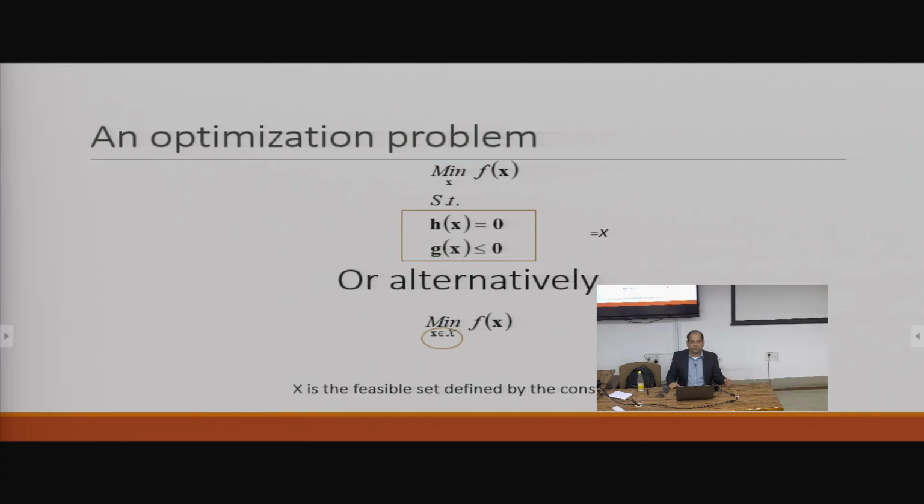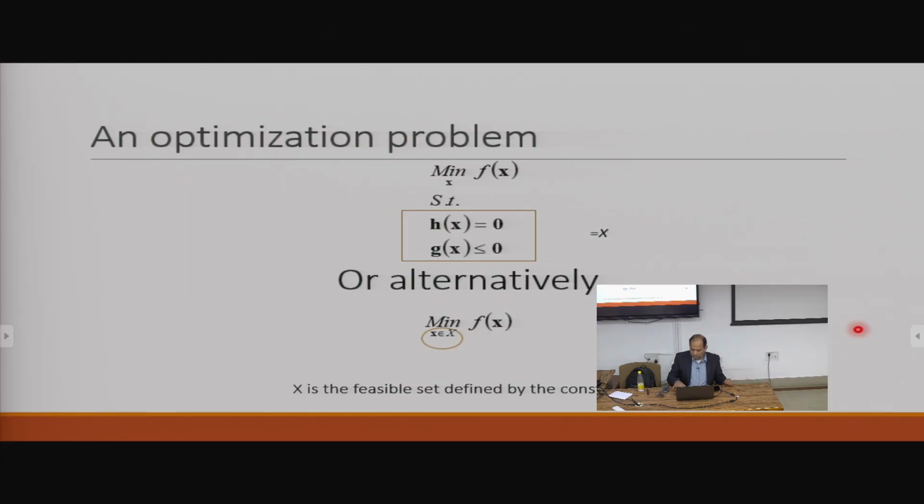In optimization, we like convex optimization problems, so we need to understand the properties of the feasible set. We look at what the feasible set looks like, and if it's convex, then our day is made, and so on and so forth. So sometimes we're interested in the properties of this feasible set.